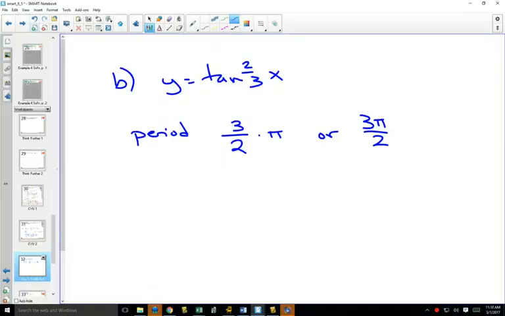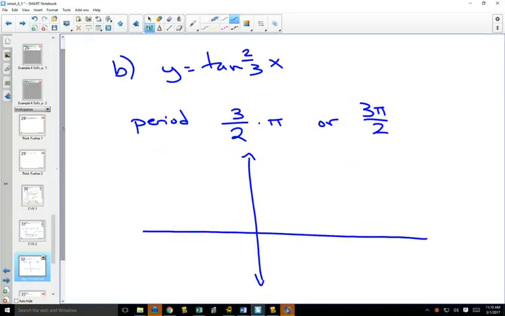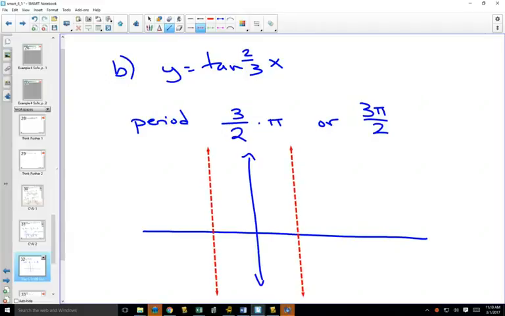If we think about our tan graph, when we looked at our graph from before, you remember that we had an asymptote here and an asymptote here.